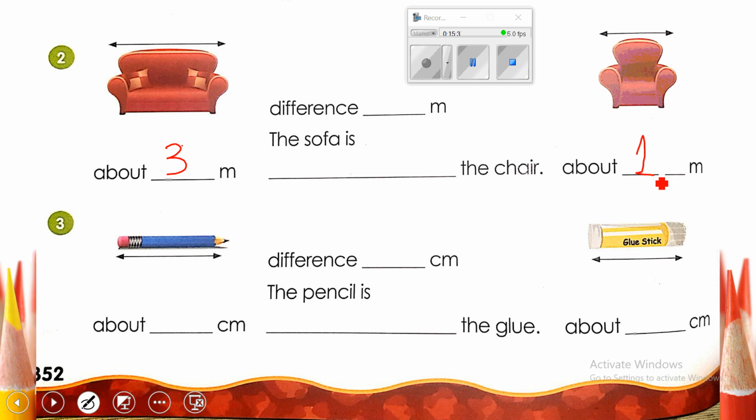So the difference between 3 and 1, excellent, 2 meters. So is the sofa now shorter or longer? Perfect, longer. How many meters? Excellent. So the sofa is 2 meters longer than the chair.